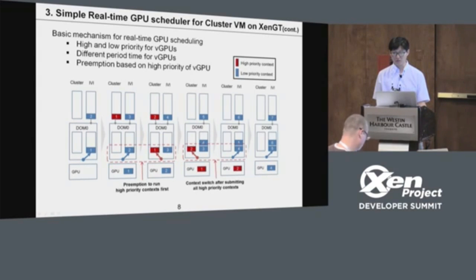After finishing the second blue context in the GPU, the first red context is submitted to the GPU. And if there is a second red context in the run queue, the scheduler doesn't do a context switch even though the cluster scheduling time is expired. If there is no high priority GPU context in the run queue and the cluster scheduling time is expired, then the scheduler changes the run queue from cluster to IVI.